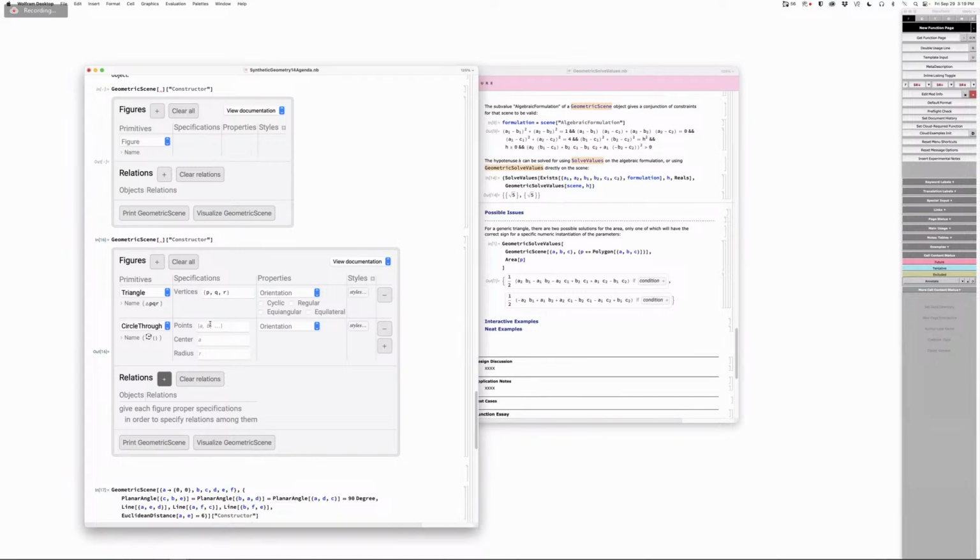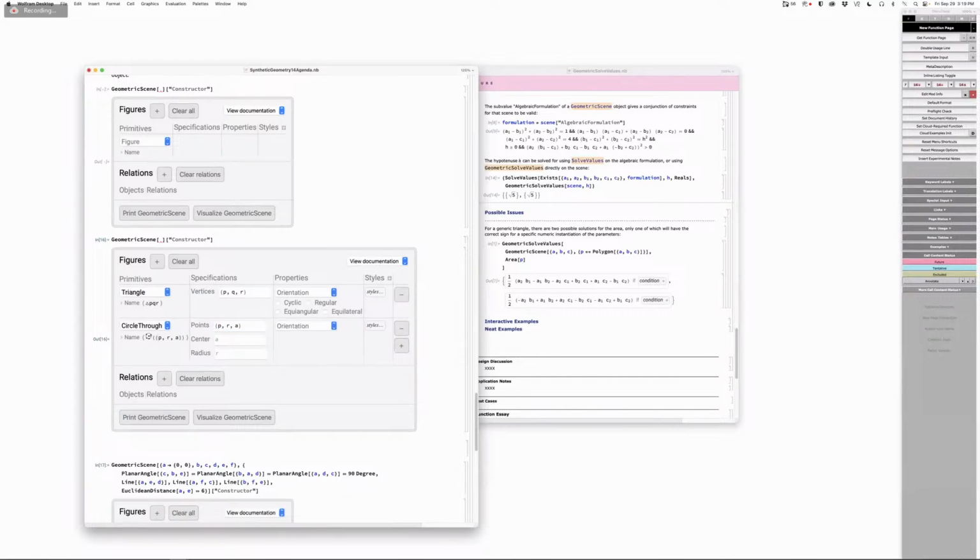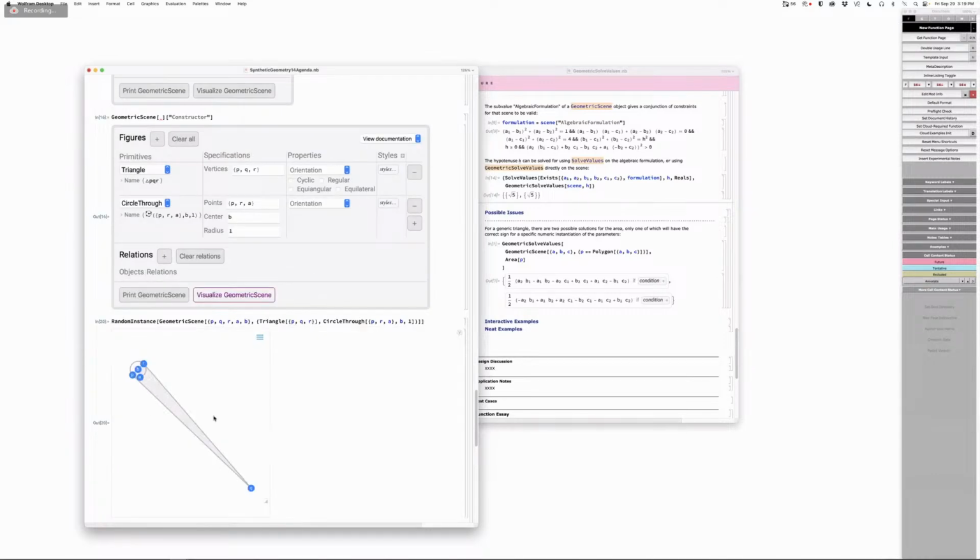Yep. I took it both with braces and without. It's smart. Cool.